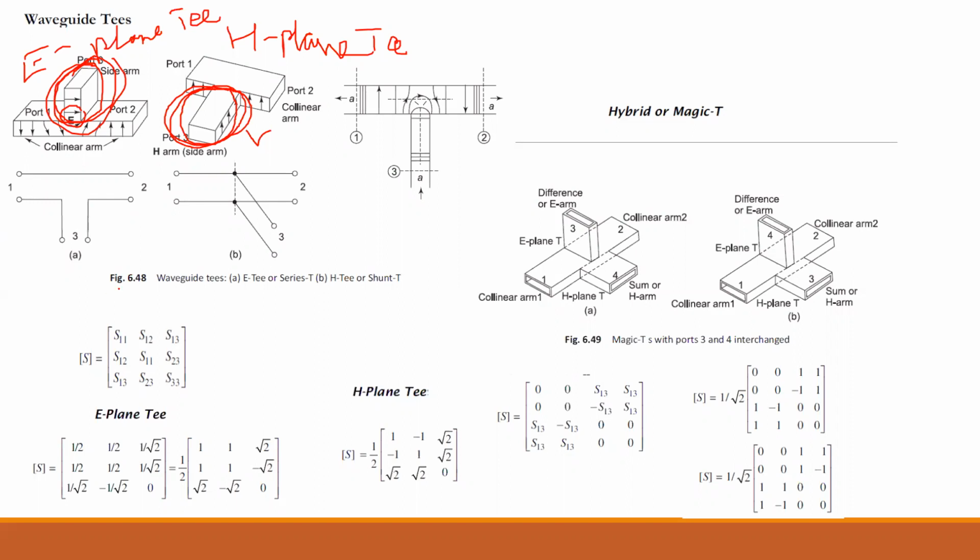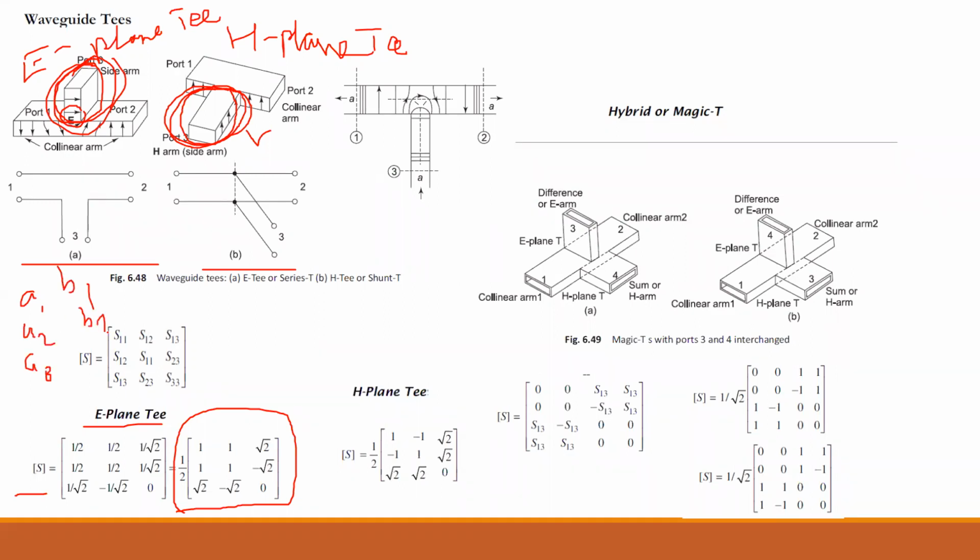When we try to obtain the S matrix for these two elements, we can observe that for the E plane T, the S matrix, or scattering matrix, will be obtained in this form. You can obtain these parameters by considering the incident and reflected parameters, that is A1, A2 and A3.